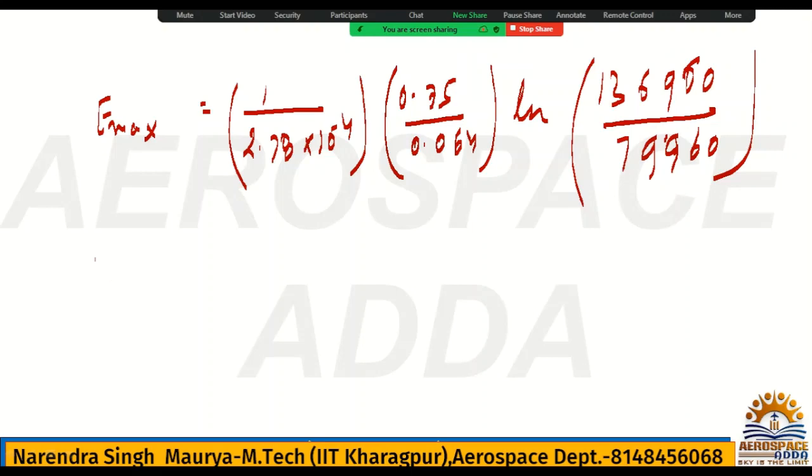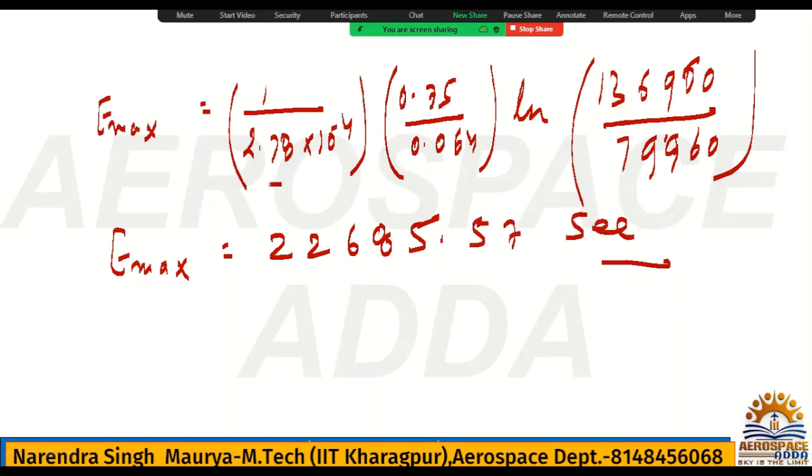So much huge value, but it is in second. We can calculate in hours. Remember the CT unit you had calculated in second, so this endurance is in second. Now you calculate in hours. You will divide by 3600. So Emax is 6.3 hours. This is the one value.